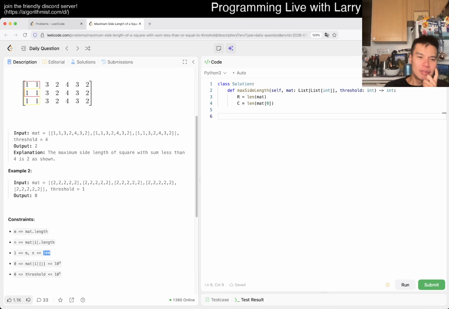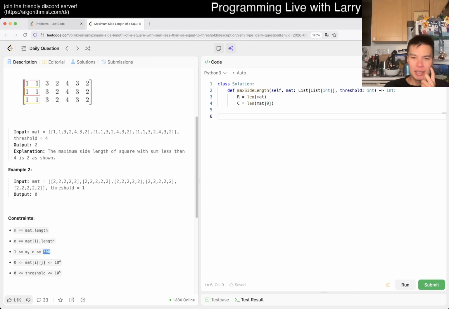Well, yeah, it's not 300 cubed. I already gave the answer, right? Which is binary search. If you binary search, then you don't have to do 300 times 300 times 300. It's just log of 300, which is fast enough. So let's do it that way then, right?